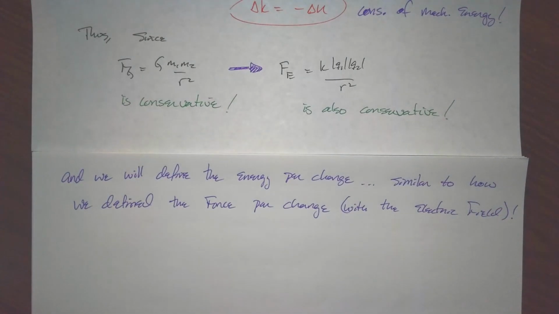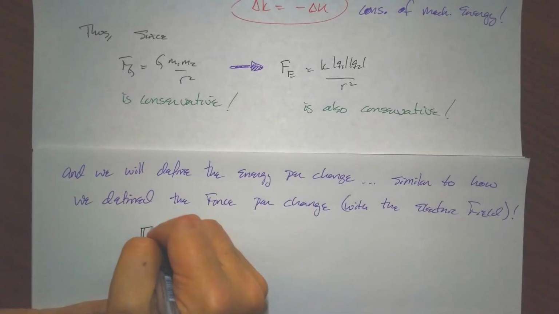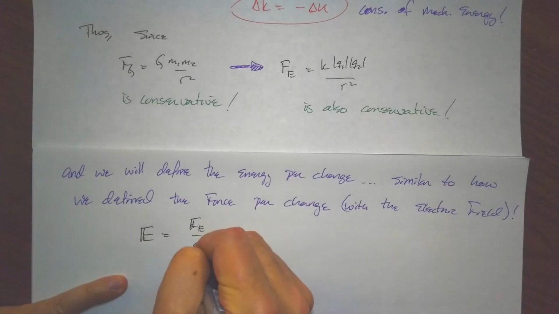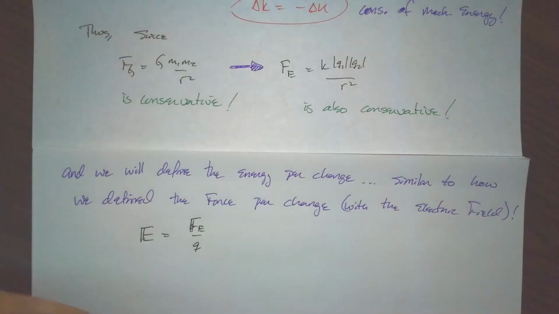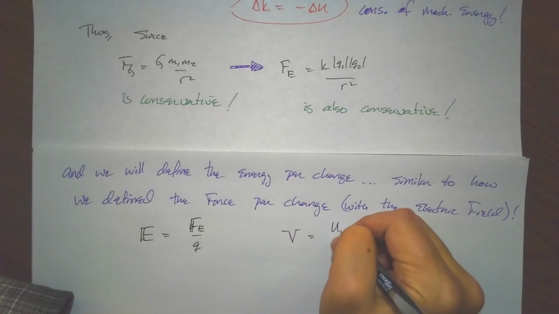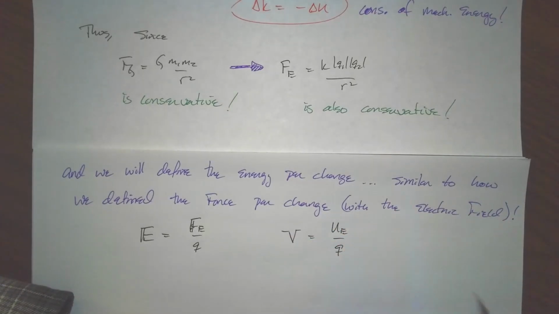And so our definition for the electric field was that it was the force per charge. And then what we'll get is that our electric potential will be our electric potential energy per charge.